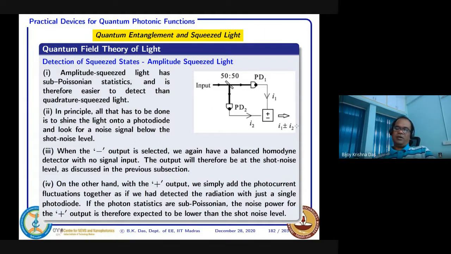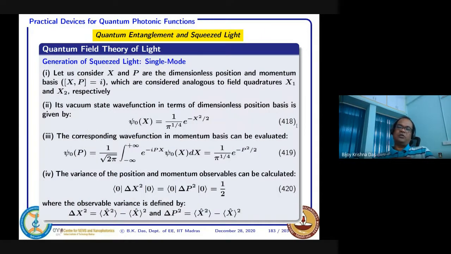Okay, fine. Then now let us go to how we can generate squeezed light. That is very important, because I would like to discuss the basic generation mechanisms in a bit of detail; I will be continuing for 2-3 lectures, and a little bit of basics I will touch upon so that you don't miss anything.